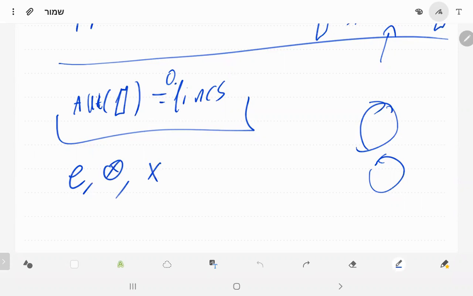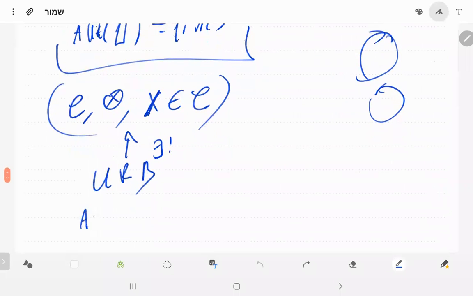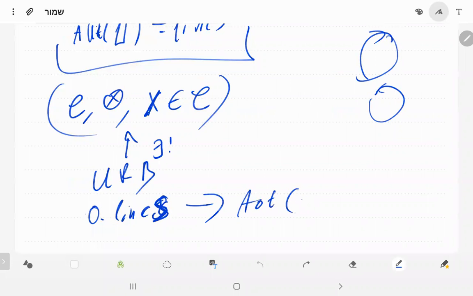And now assume we also fix some object x in C. Since we said that this universal rigid braided category is actually universal, once we fix an object here, we have a unique functor like this, which means that we have a map between oriented links and automorphisms of the identity element, which is kind of nice.